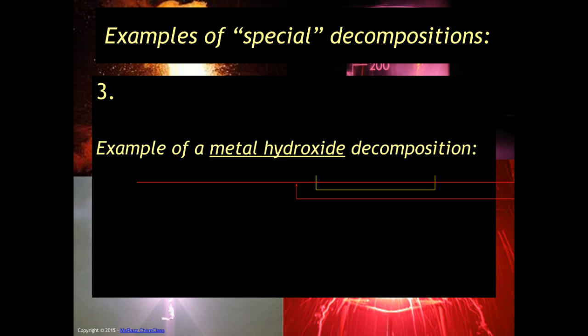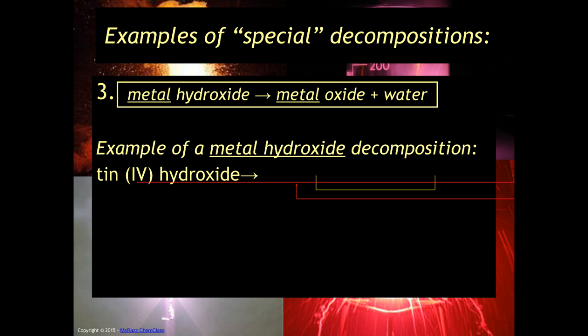And that's going to be a metal hydroxide. And here's our example, tin hydroxide. Whenever you see a metal hydroxide go through a decomposition, it's going to yield the metal that it's with, oxide, plus water.